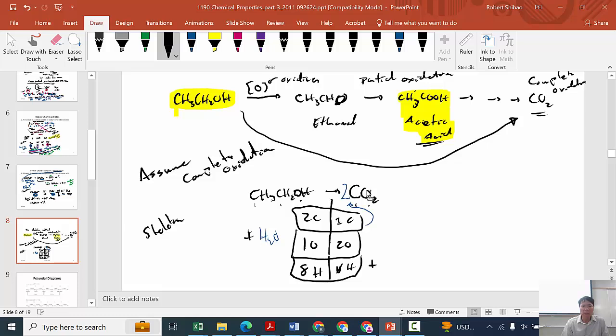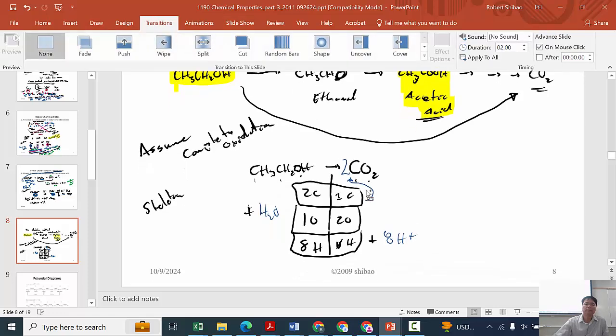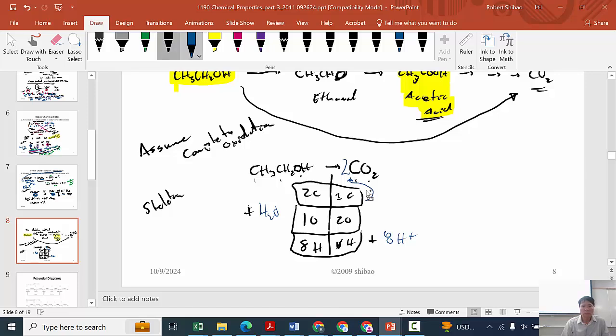So I'm going to go plus 8H plus. And then let's look at the charge. Over here I have 0 charge. Over here I have plus 8. So I'm going to have to do plus 8 negative charges, or 8 electrons here.